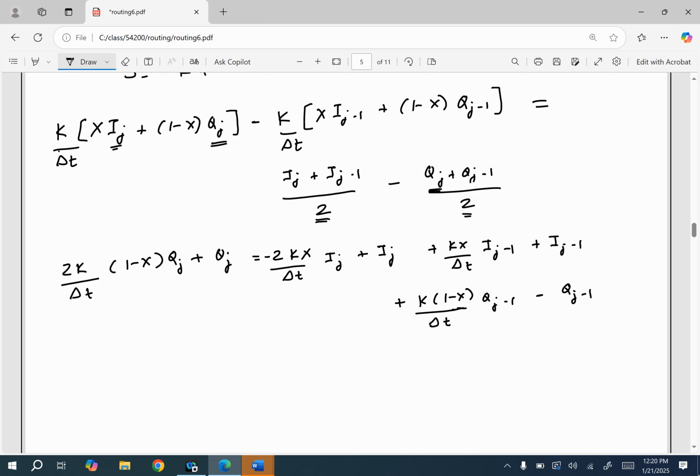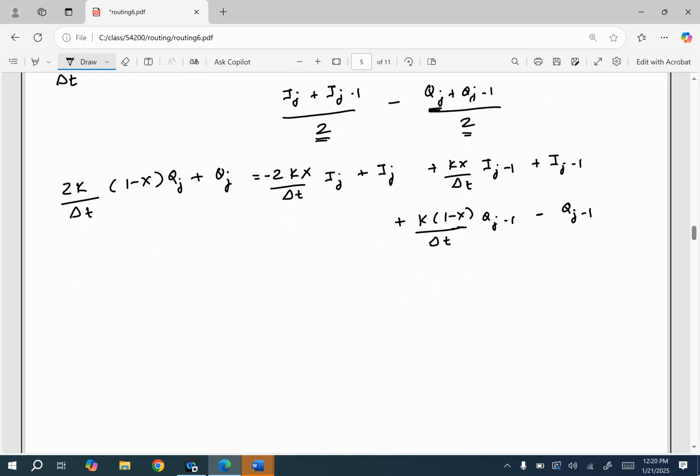So if we simplify this, what I have is Qj, and then I say (2k(1 minus x) plus delta t) over delta t. Okay, so you can see we have delta t only for this part. So what I have done is I have multiplied this Qj by delta t, and the whole denominator is delta t now.